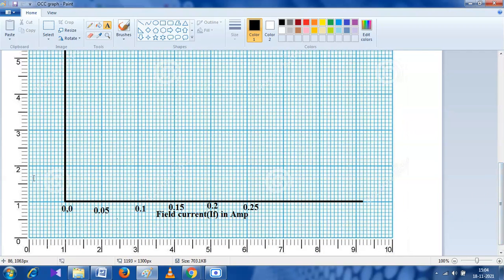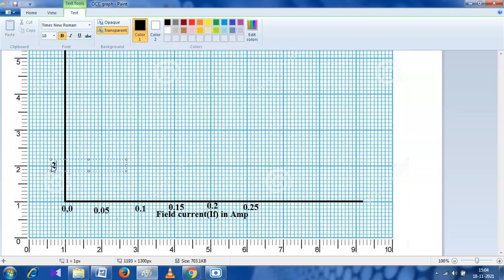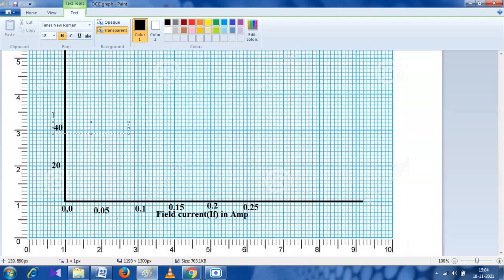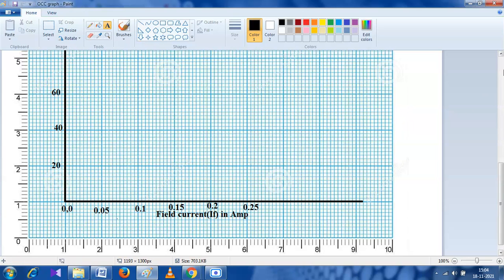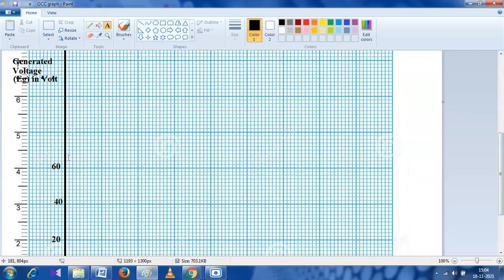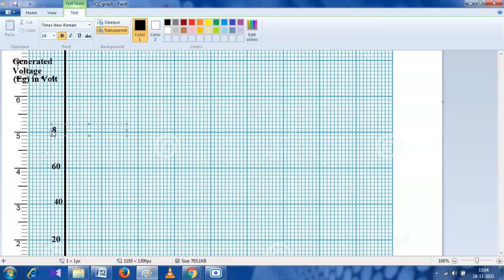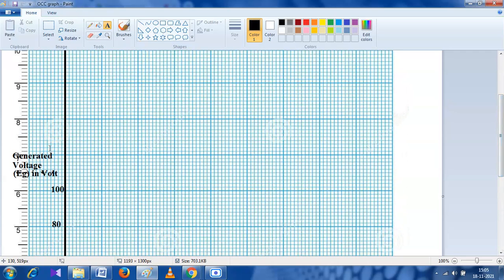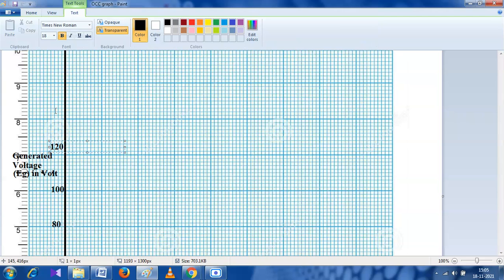So if we take 20 voltage here, suppose we are taking 20 voltage here. 20, this should be 40, this 60, this is 80, this is 100, this is 120, this is 140, this is 160.